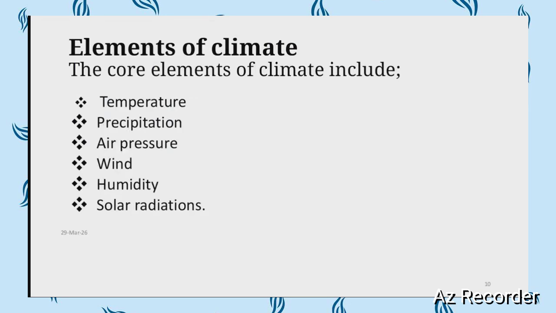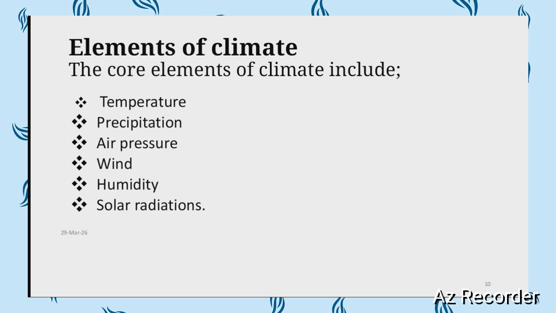The core elements of climate include temperature, precipitation, air pressure, wind, humidity, and solar radiation. Temperature is the degree of hotness or coldness. Precipitation is the amount of rainfall received.